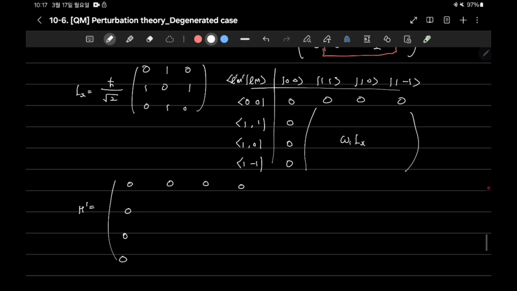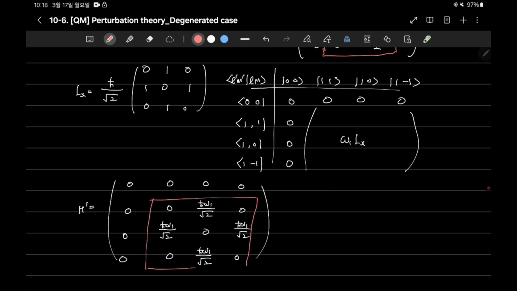It is h bar omega 1 over square root 2 times the matrix 0, 1, 0, 1, 0, 1, 0, 1, 0. So the matrix subspace is a 3 by 3 matrix, H prime for the L equal to 1 case.